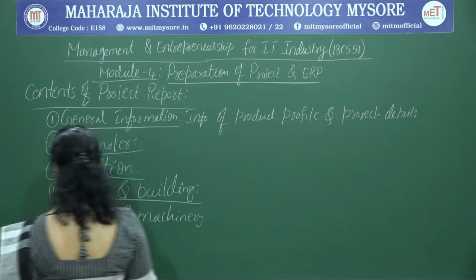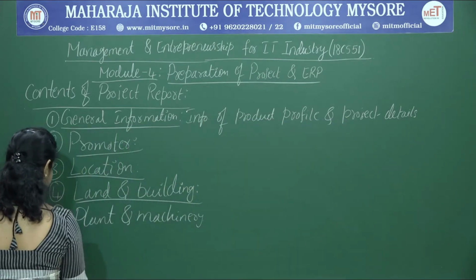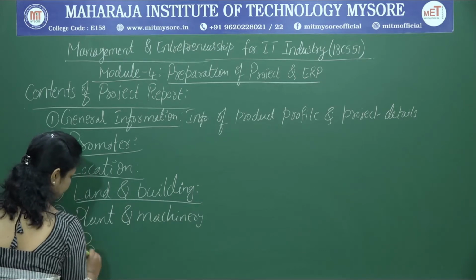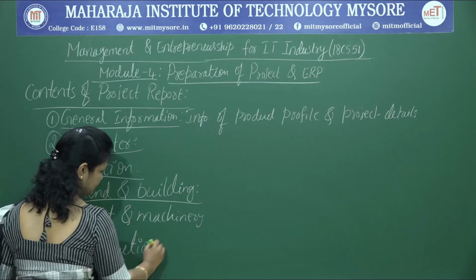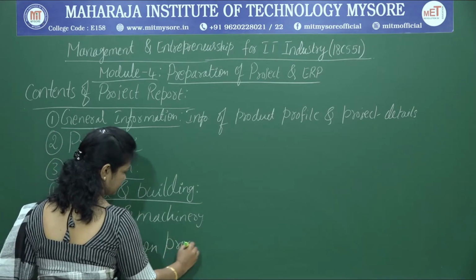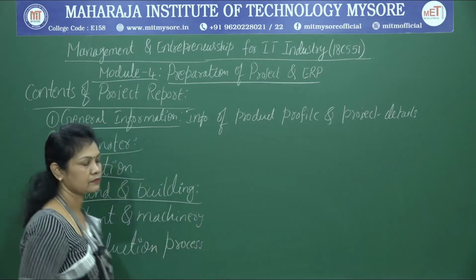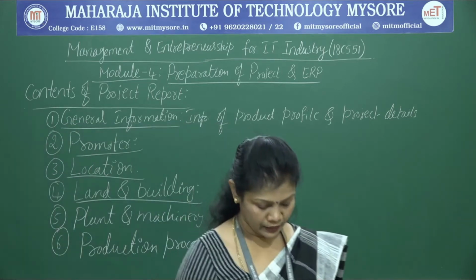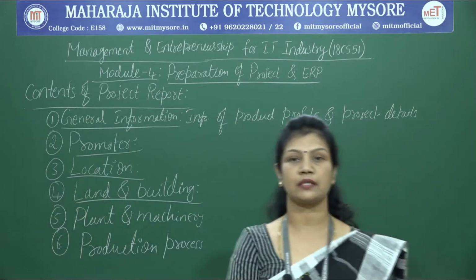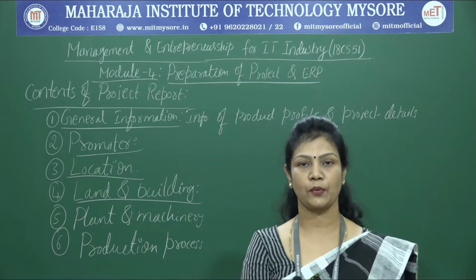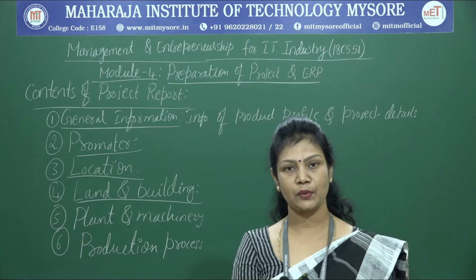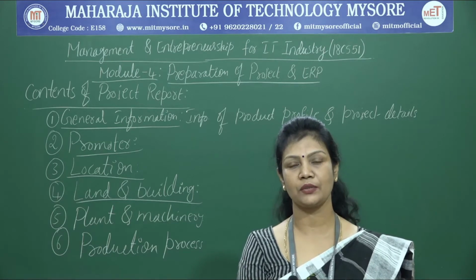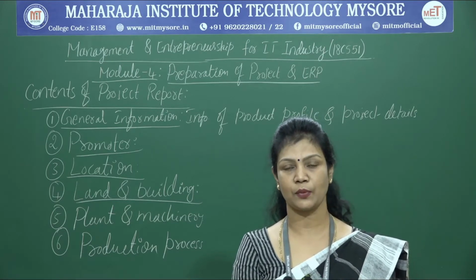So the next one is production process. Here a description related with the production needs to be specified along with the process chart they are going to use while doing the production.